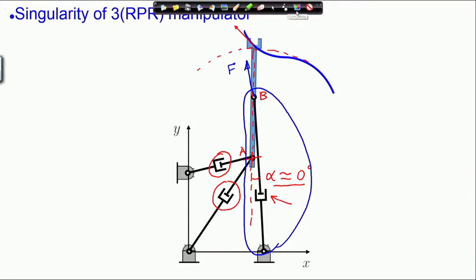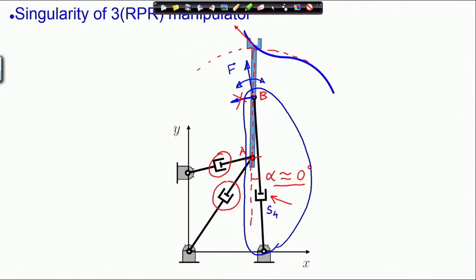It cannot apply any force perpendicular to the actuator. In other words, this actuator cannot prevent any rotation of the output link about point A. So, therefore, when alpha is equal to 0, the rotation of the output link cannot be prevented by this actuator S4.